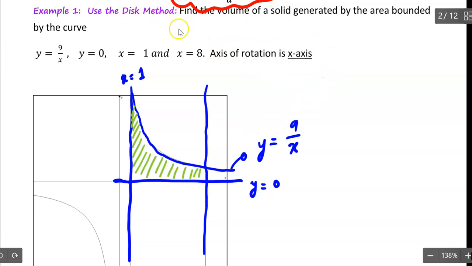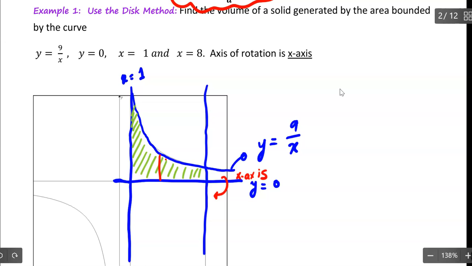Now go back and take a look at this. We need to use this method, and the axis of rotation is the x-axis. So I'm going to draw this. This is the axis of rotation. With the axis of rotation, the element has to be perpendicular to it.